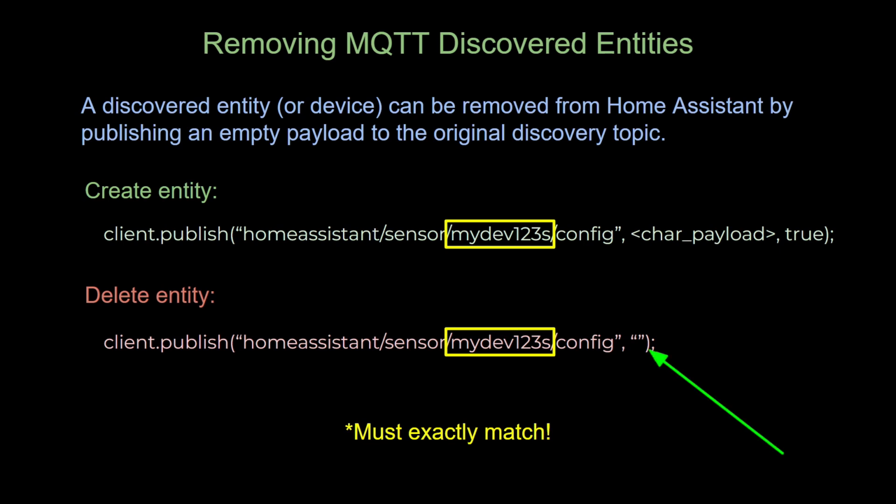Now in this case, I'm also not using the retained flag, so that will actually also remove the original discovery message from the MQTT broker as well. But do note that your topics have to match exactly for this to work. In this method, you can add, remove the same entity, and it won't create duplicates in Home Assistant. And we'll see why this is an important concept next.